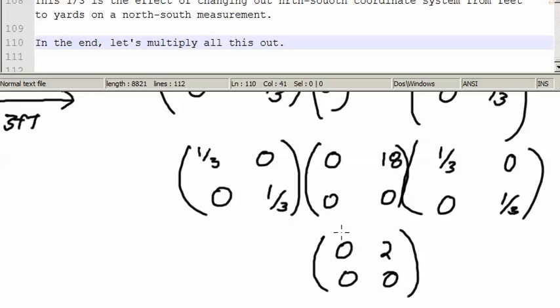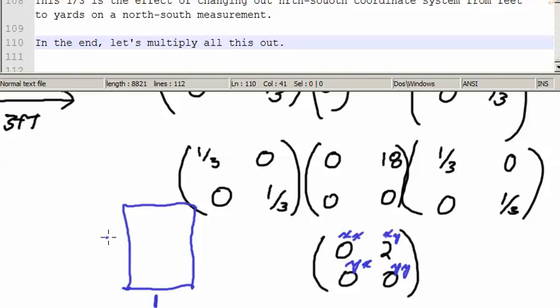Okay, one thing to remember about what we did: this was x, x, this was x, y, this was y, x, this was y, y, and it was definitely 3 feet or 1 yard in the x direction and 2 yards in the y direction.